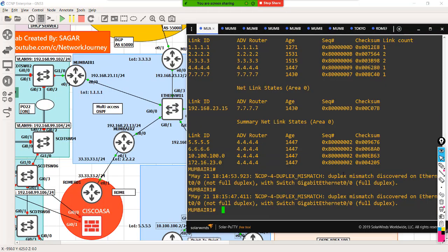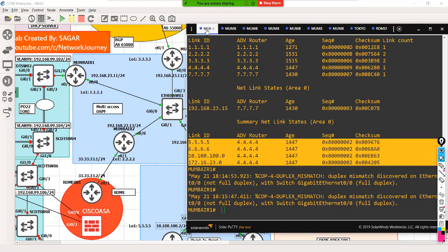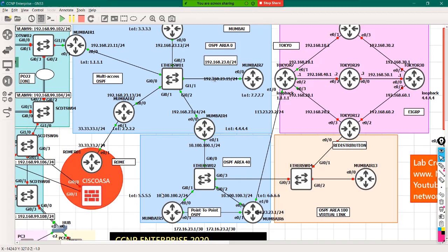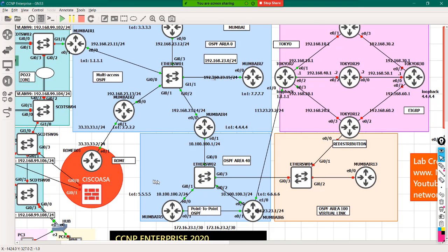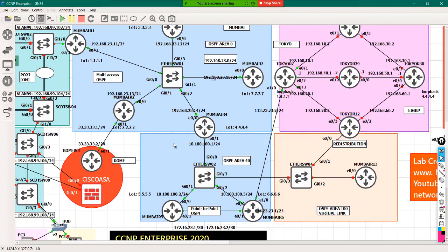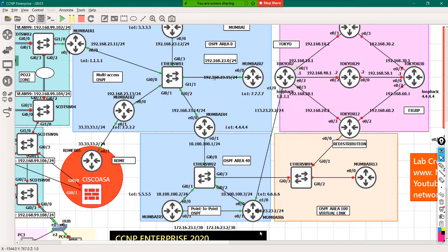Okay, so what is LSA 3 going to say? These are the networks that are inside area 40. You have 5.5.5, which is nothing but the loopback address of this router. Similar way you will see the loopback address of router 6. This is the network 10.100, which is the multi-access network, and also you have 17.16. Now what is that network? That is this network, the point-to-point network.